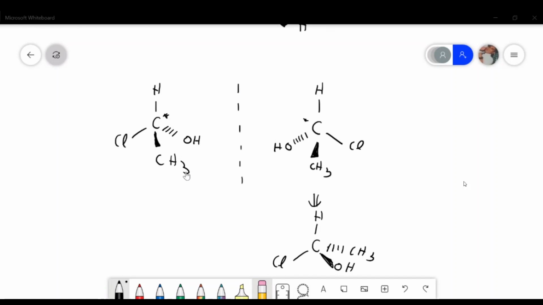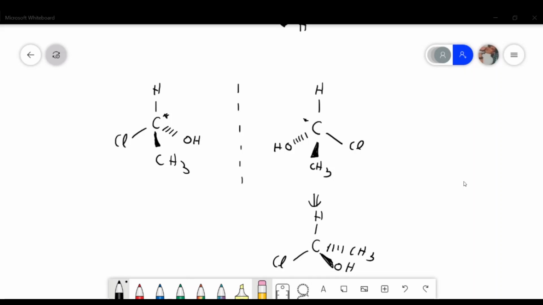Moving on. Do you guys get enantiomerism for the most part? I can't really explain it unless I can tell what your problem is, so can you type in the chat what you struggle with for enantiomerism specifically?